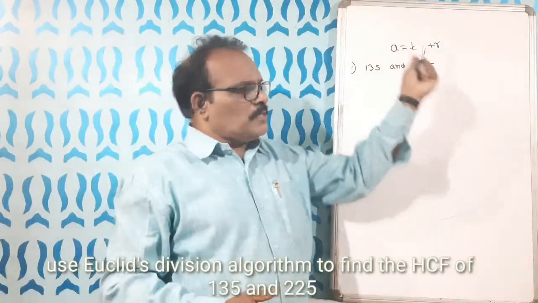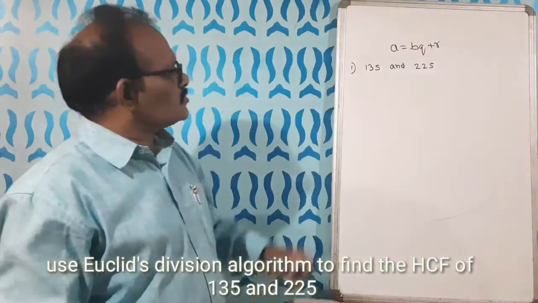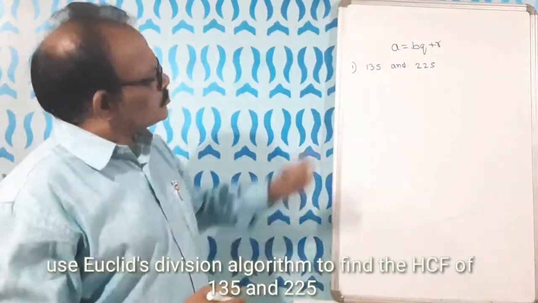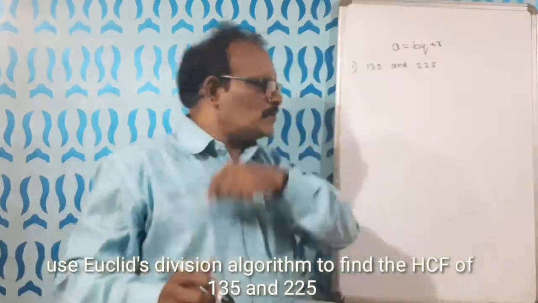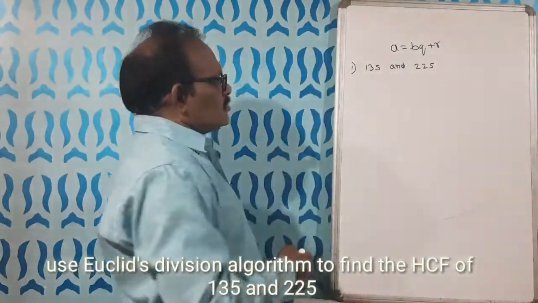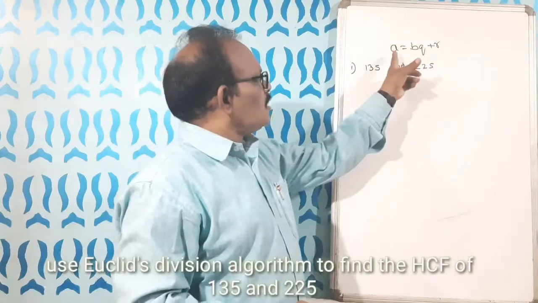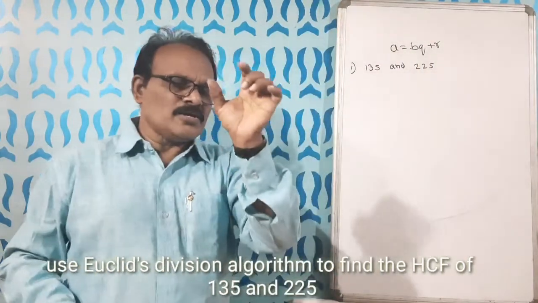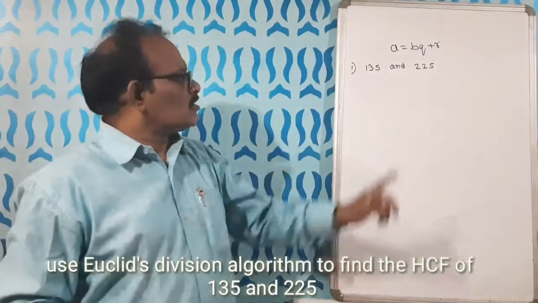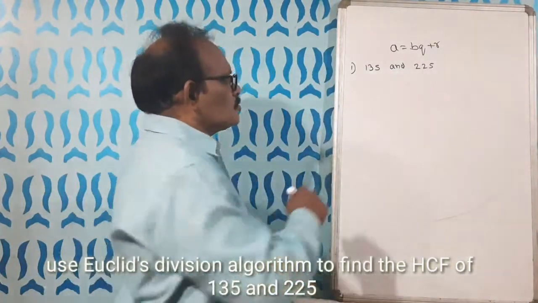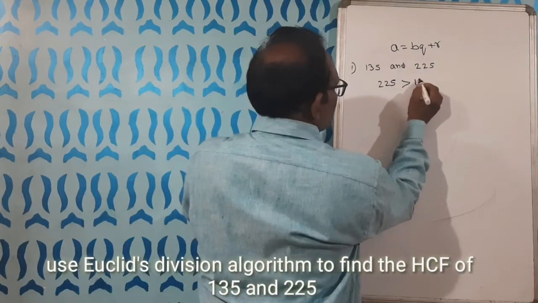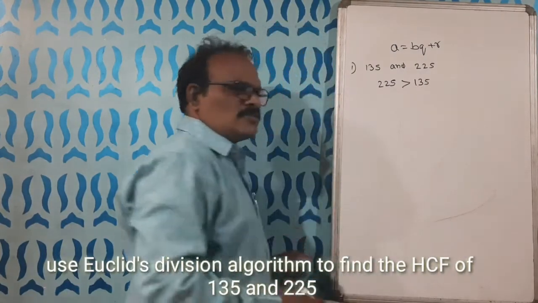See, A and B are some integers. Let A be any positive integer, B also a positive integer. Then immediately you have to see that A should be greater than B. A must always be greater than B. In the given numbers, obviously 225 is greater than 135, isn't it?